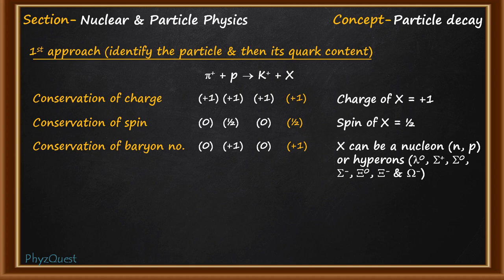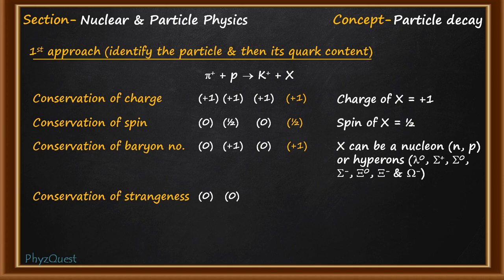But we still don't know exactly what the particle is. Next, we move ahead with another conservation law. It is already mentioned in the question that it is a strong interaction, which means conservation of strangeness has to be applied. For pion the strangeness is 0, and for proton also the strangeness is 0.